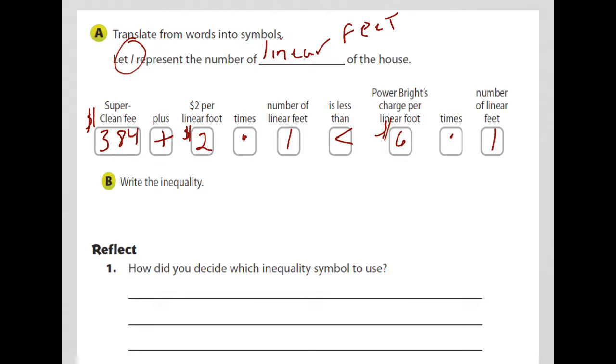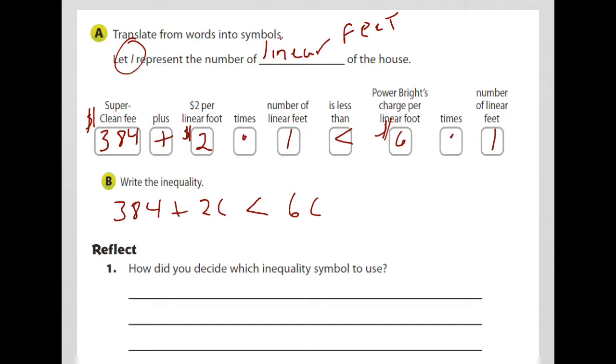So I'm going to go right from up here, 384 plus 2 times L, and I'm bringing down my less than, and then here will be just simply 6L.